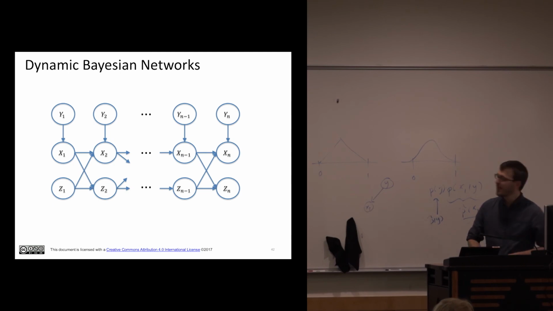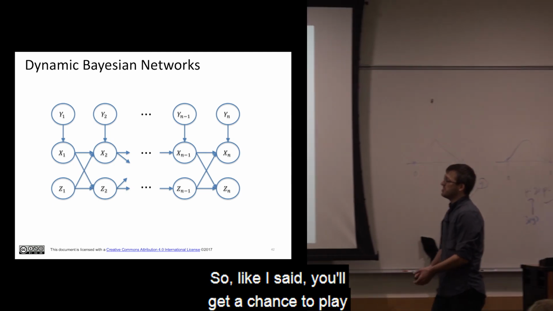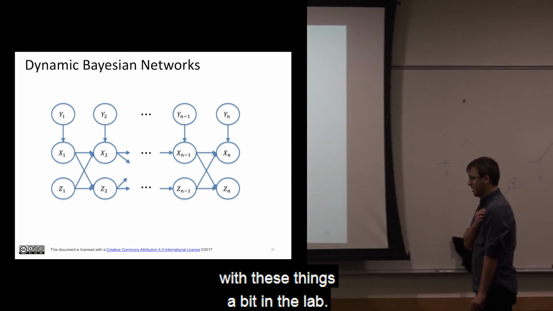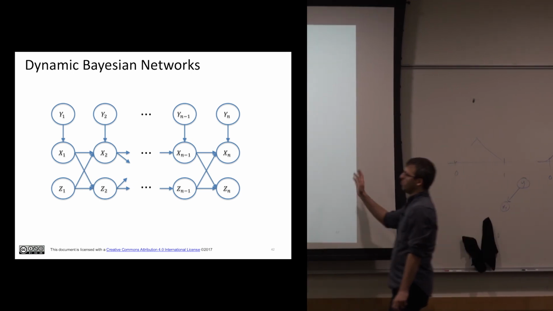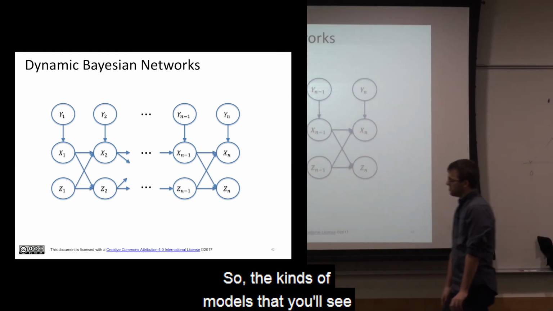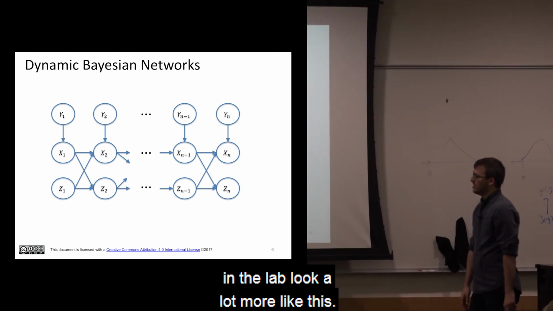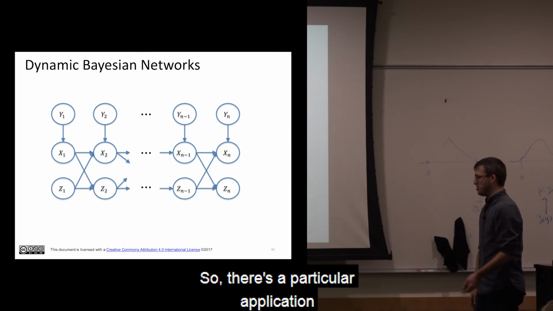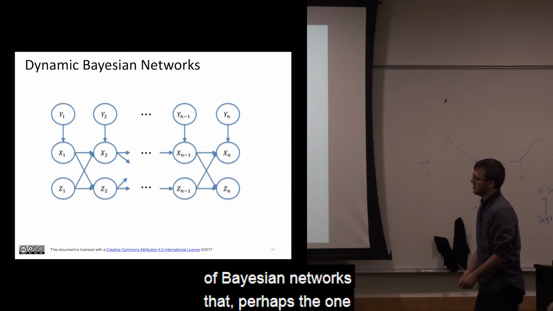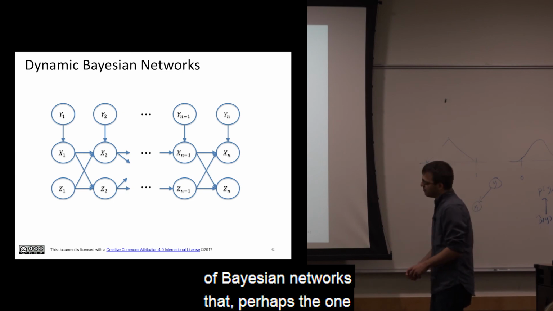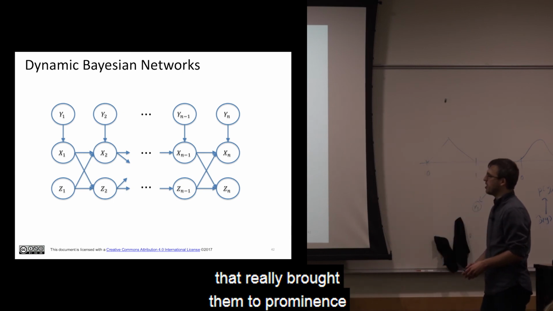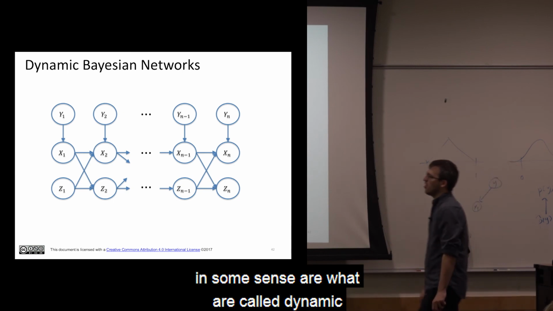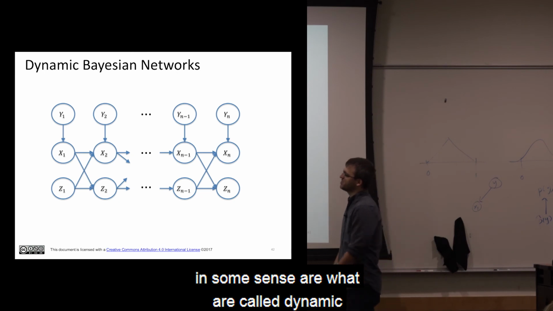Okay. So like I said, you'll get a chance to play with these things a bit in the lab. The kinds of models that you'll see in the lab look a lot more like this. There's a particular application of Bayesian networks that perhaps really brought them to prominence, called dynamic Bayesian networks.